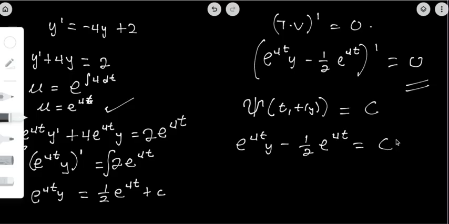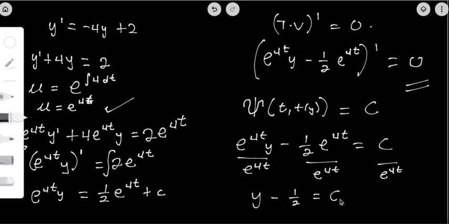From here we can solve. What we need to do is to divide through by e to the power 4t. Divide here by e to the power 4t, and divide here by e to the power 4t. So we have y minus half, the e to the power 4t will even cancel out, so we just have half should be equal to c e to the power negative 4t.